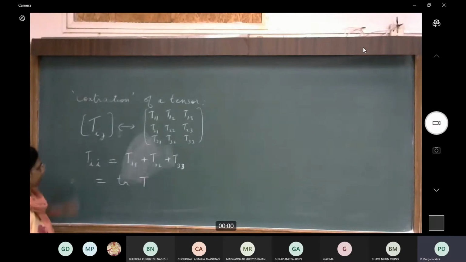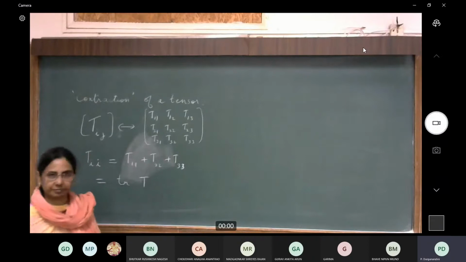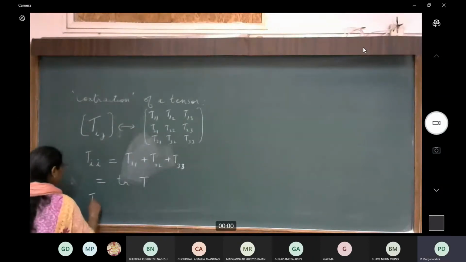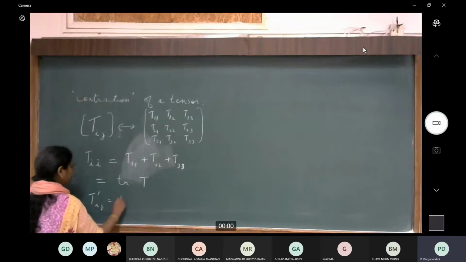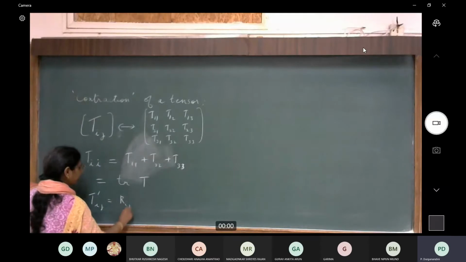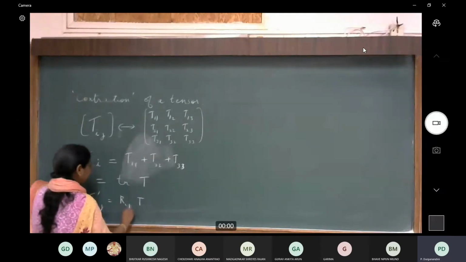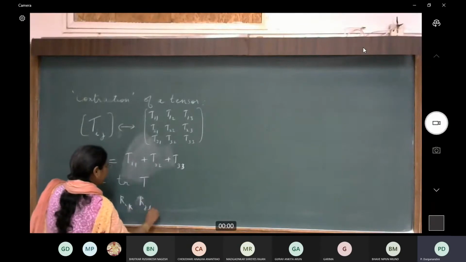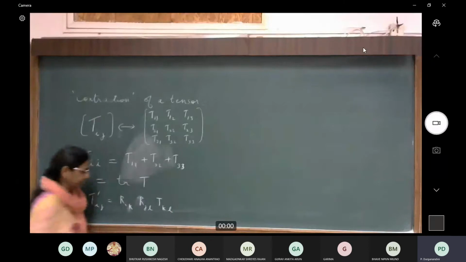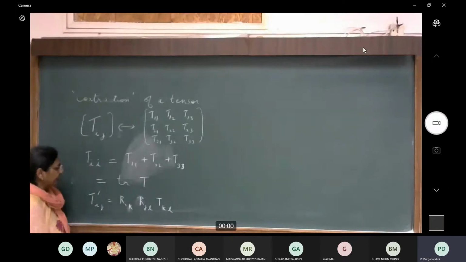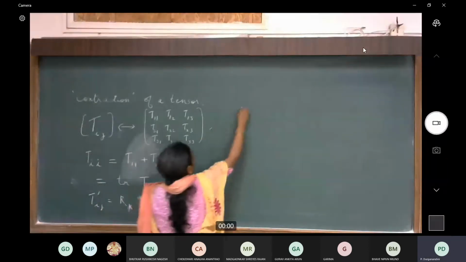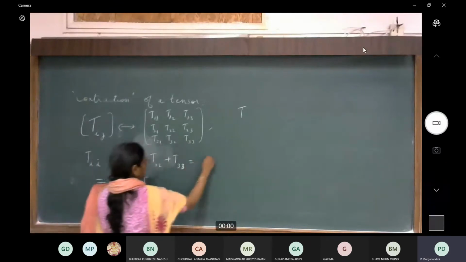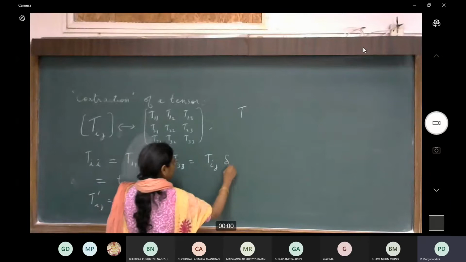Then the question we ask is how this quantity transforms under rotations. By definition, Tij prime equals Rik Rjl Tkl. This is the transformation property for the second rank tensor. I can also write Tii as Tij delta ij.